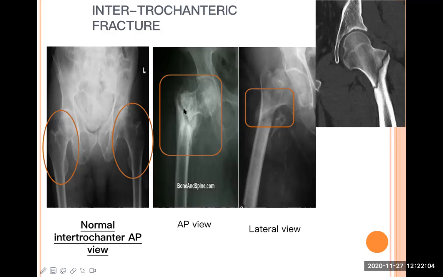See this. And this is the lateral view. Here is a CT scan which is showing the same thing. This is the fracture line right through the intertrochanteric line. Now nobody can be mistaken about this fracture anymore.